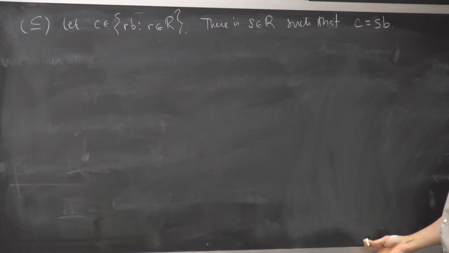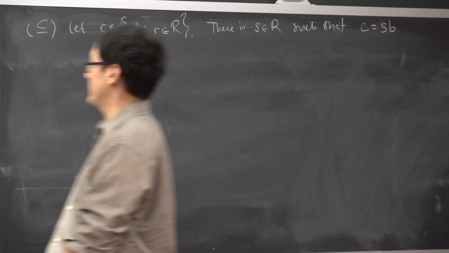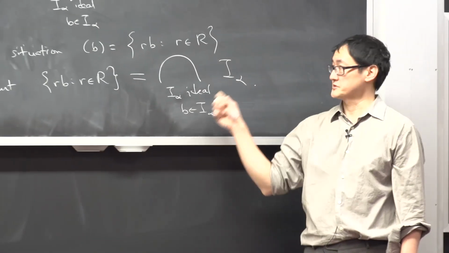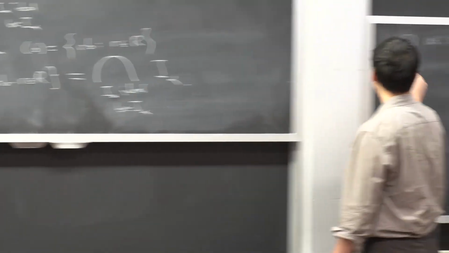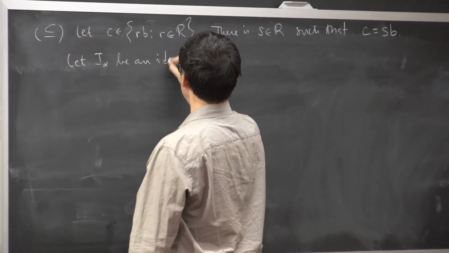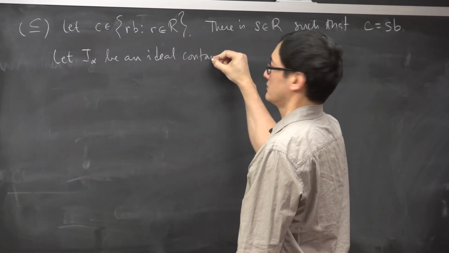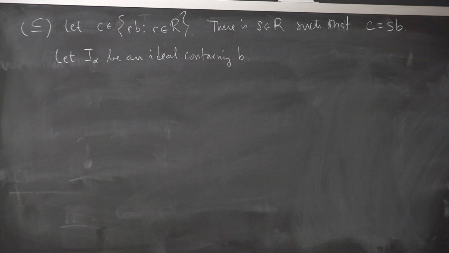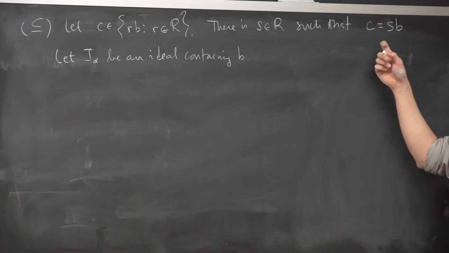Good. Now I want to show that C is an element of this intersection. So I pick one. Let I alpha be an ideal containing B. Now, what is B?